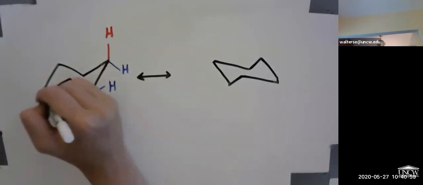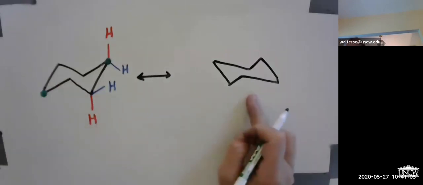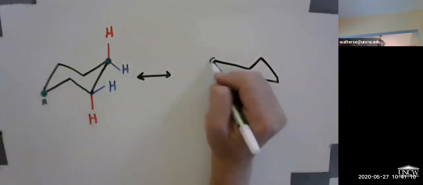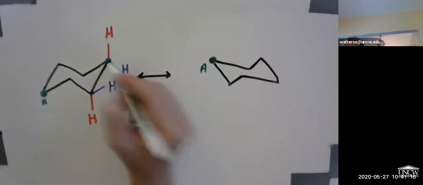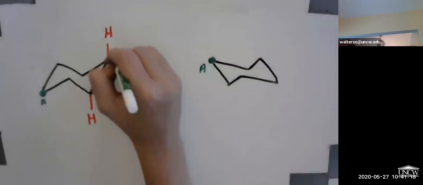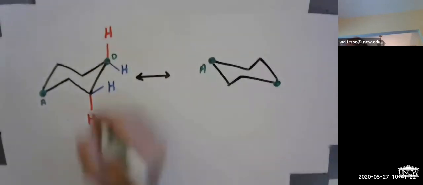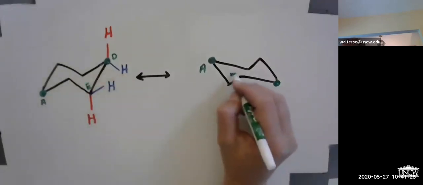The green carbons are the ones that I'm going to have to move in order to make this chair flip. So this one down here with the A is this one up here, A. This one here, which would be D, is here. Okay, so then if this is E, this is E in here.